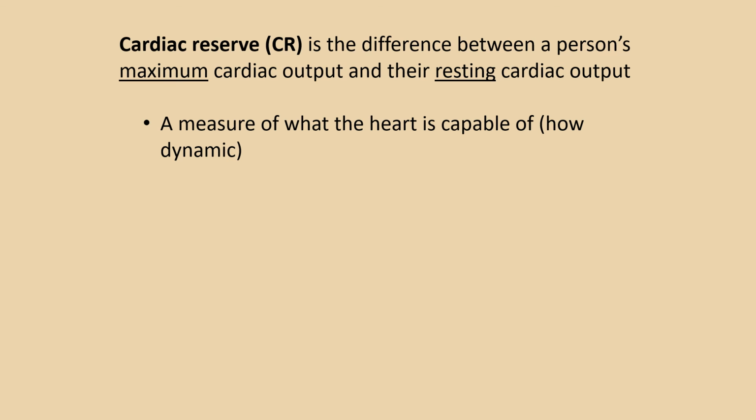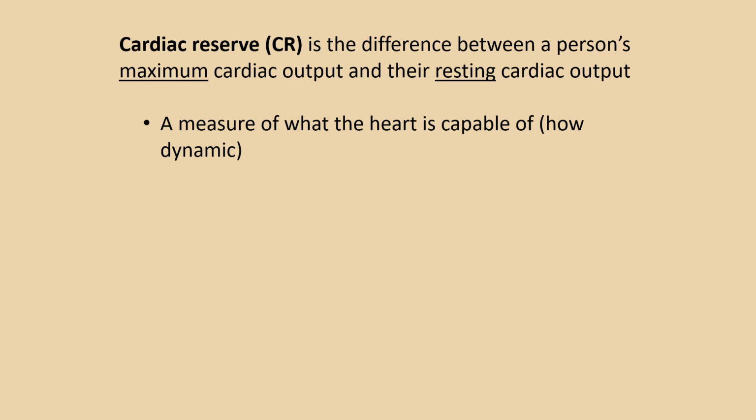So what is your maximum cardiac output? When you're moving physically as much as you possibly can, and your heart is beating as fast and as hard as it possibly can, what's your cardiac output at that point? What's your stroke volume? What's your heart rate? Multiplying those together will give us your maximal cardiac output.